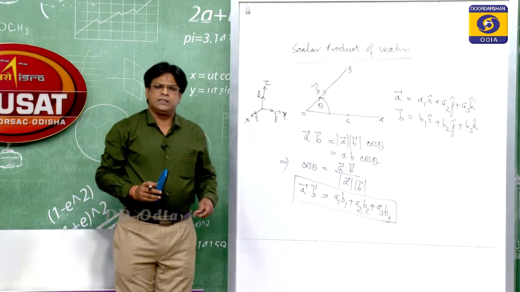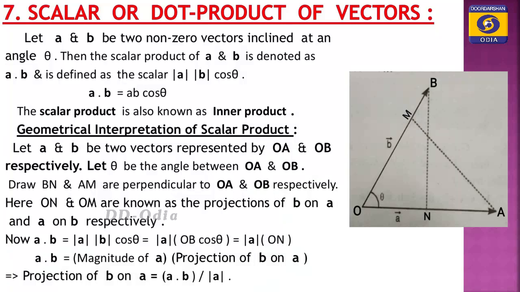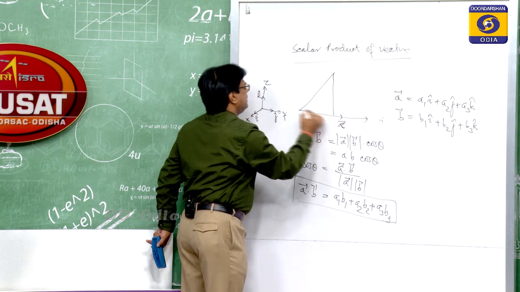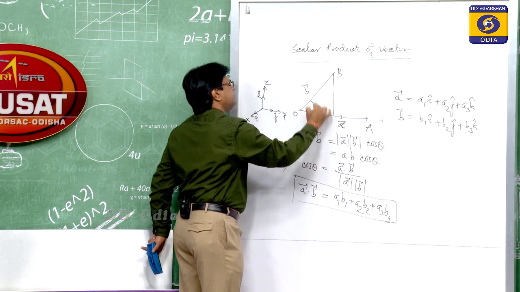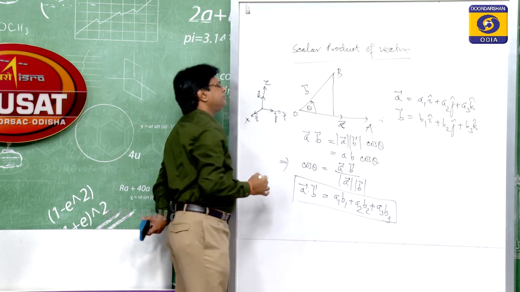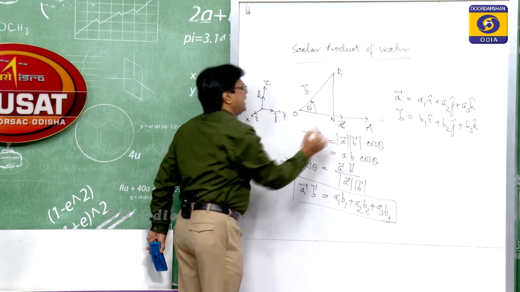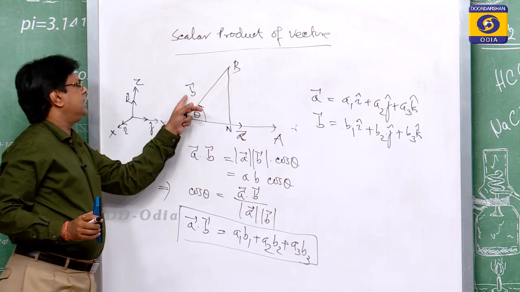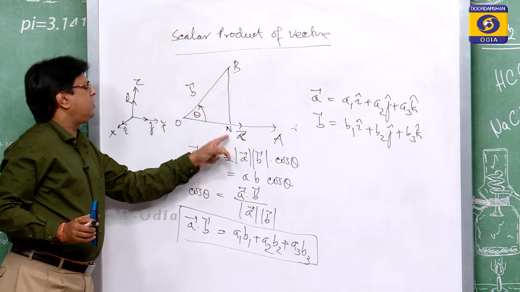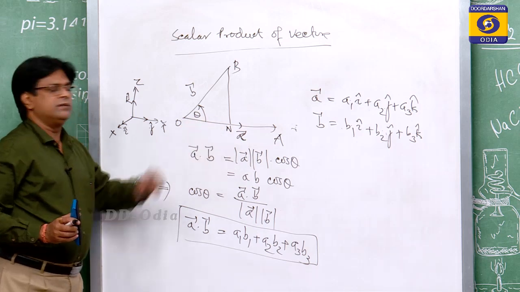So, dot product is commutative. See the slide. Suppose this is your A vector, O A, this is your B vector O B, this is your theta and suppose this is n. So, this is the projection of B vector on A vector, that is your O n.